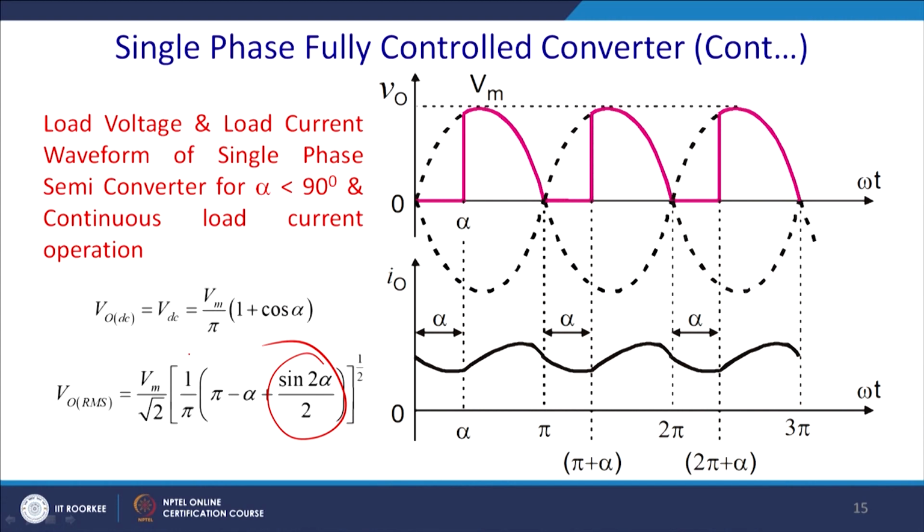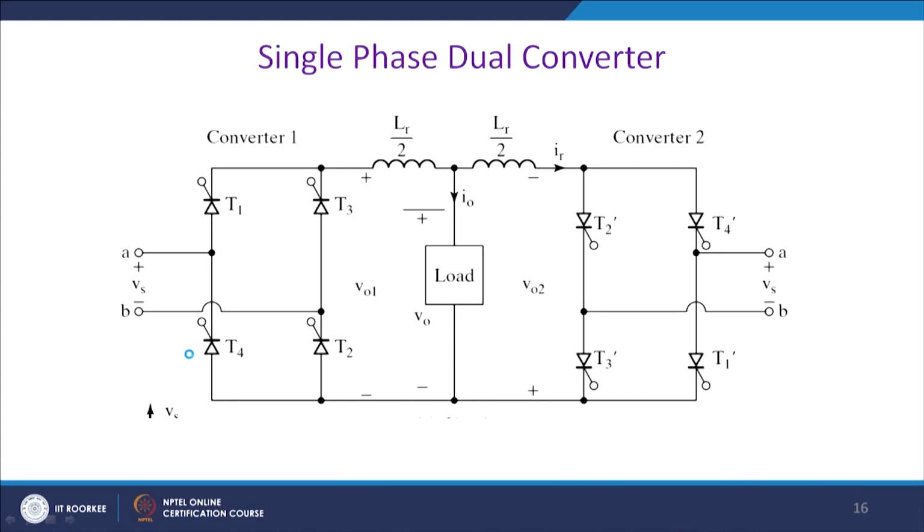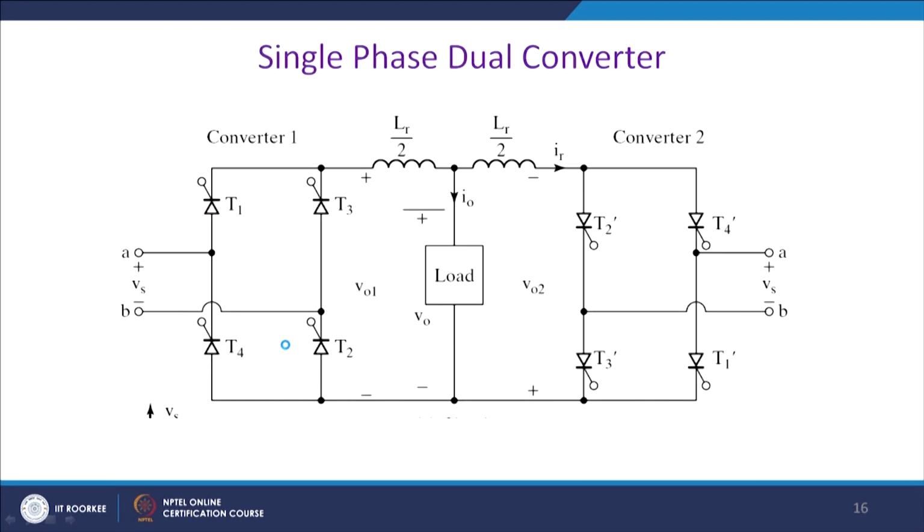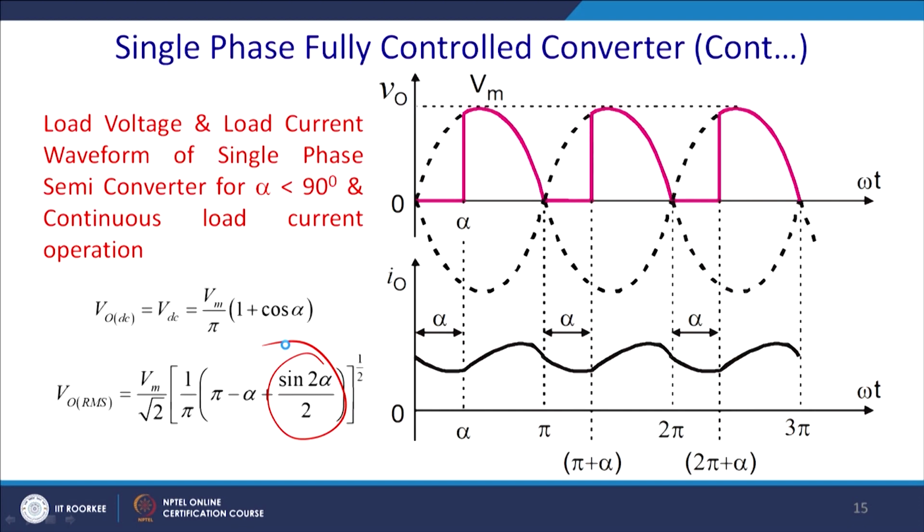If you divide by R, definitely you get the IRMS, and if you divide the average voltage by R you get the IDC, which is assumed to be constant in this square wave kind of thing. And mind it, since it is a square wave, the average and RMS values should be the same.